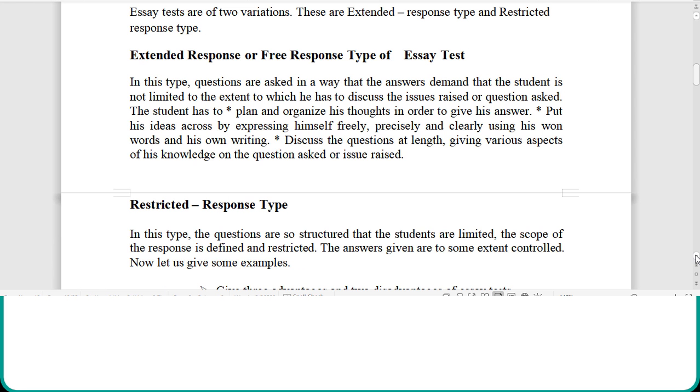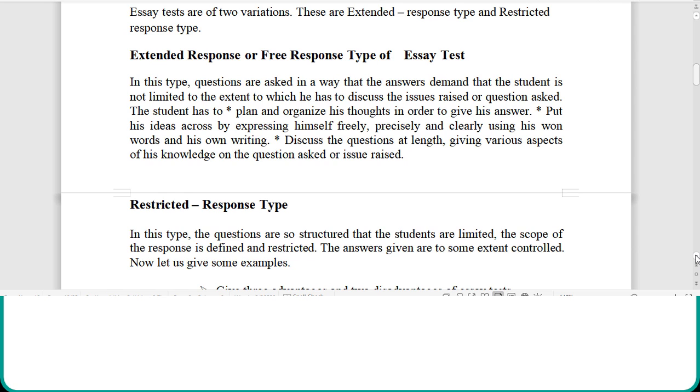Extended response or free response type of essay test. It is the type of test where questions are asked in a way that the student is not limited in the extent to which he has to discuss the issues raised or question asked. For example, the word limit is not introduced here. You can freely write as much as you know and as much as you want.